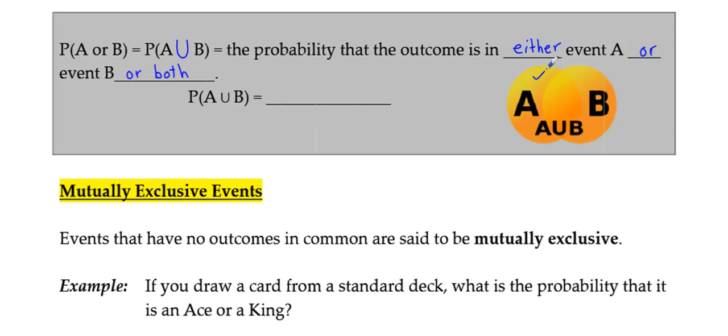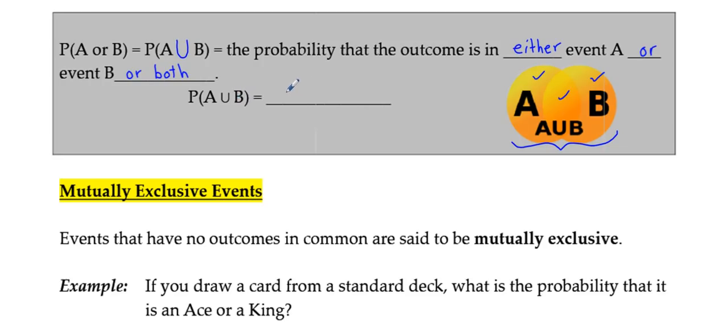So it counts A only, it counts B only, and it counts both. So the entire thing is A or B. Please keep that in mind. Some people think it's only A and only B, but it also includes the overlap.